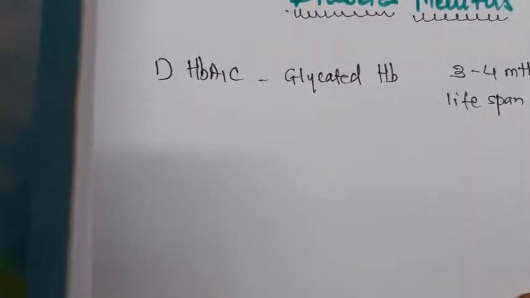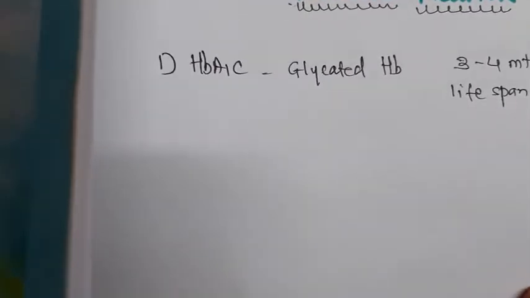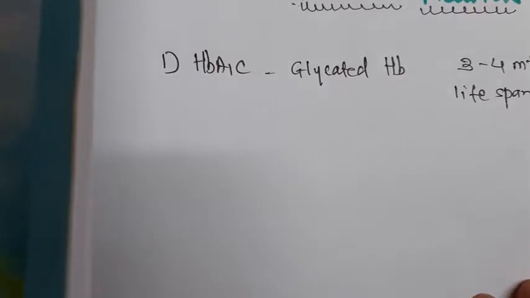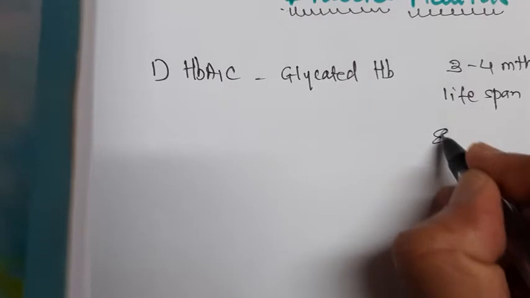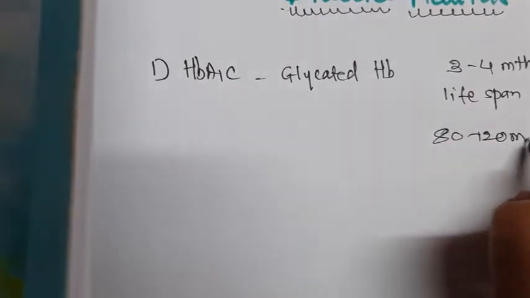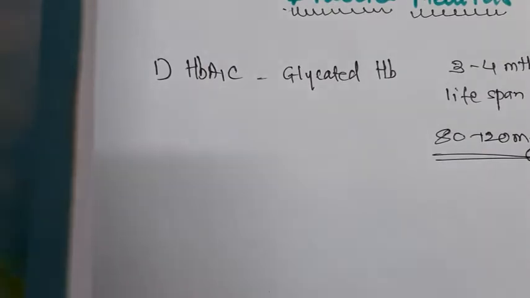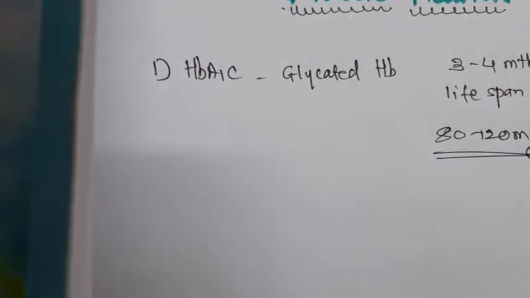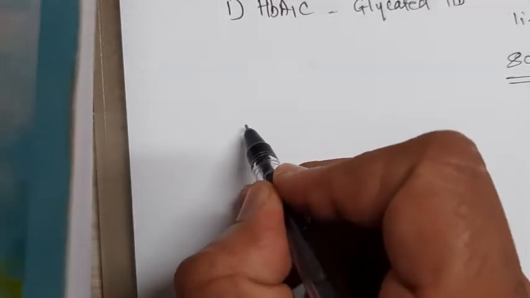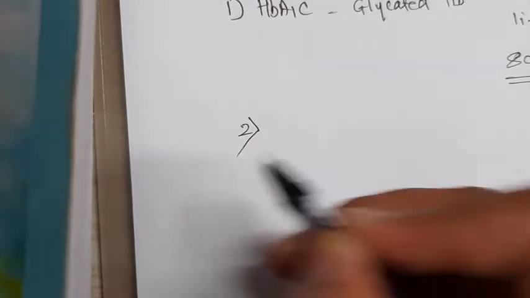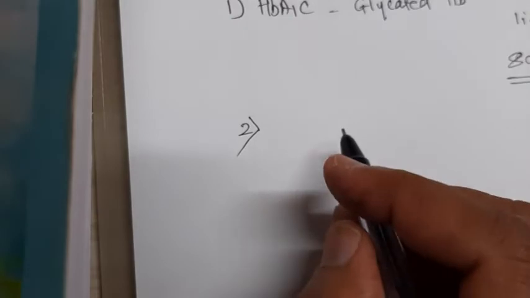Also the normal fasting glucose levels in dogs and human beings are similar, that is 80 to 120 milligram. That's why this particular test can be used in a dog for long-term monitoring of the blood sugar level.